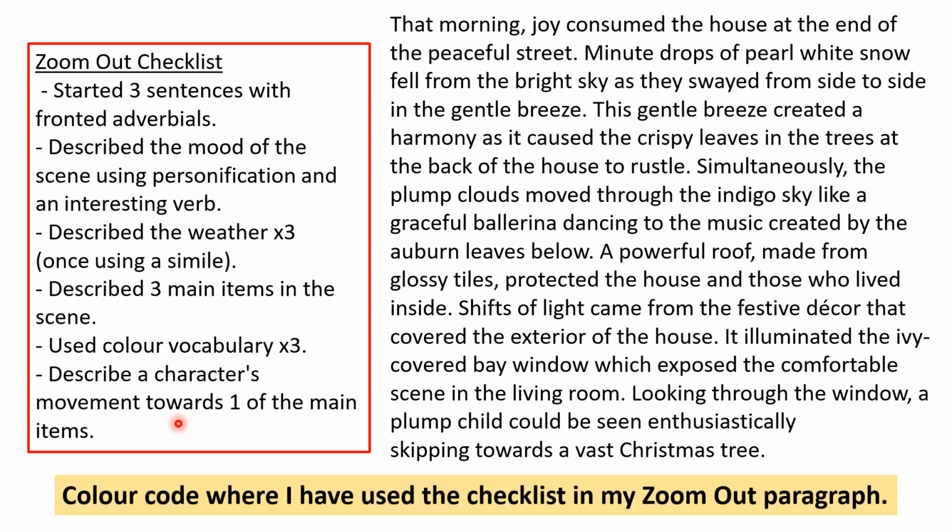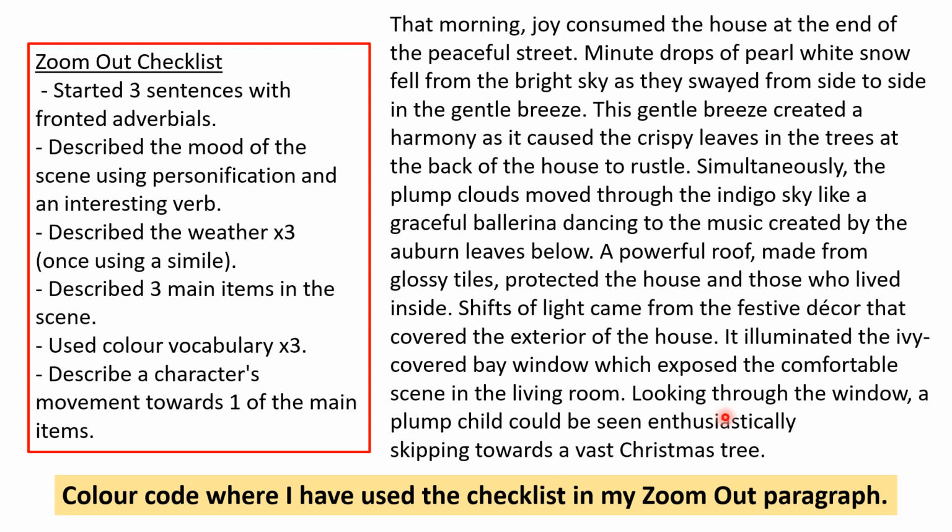So, on Show My Homework, there is a document that says descriptive writing, model, and match. That is where the 4 paragraphs for this week are going to be. So what I would like you to do is pause the video and open that document, and I would like you to go through and highlight where I have done each of these items in the checklist in my model paragraph.